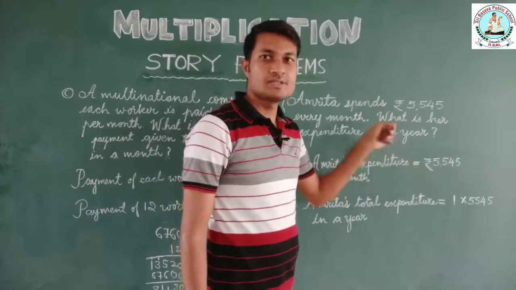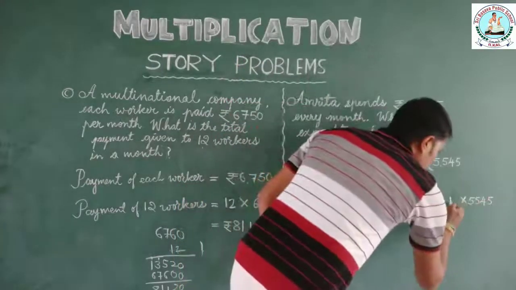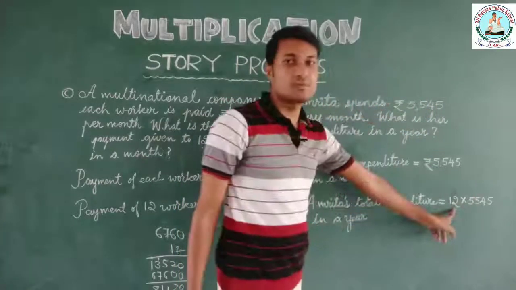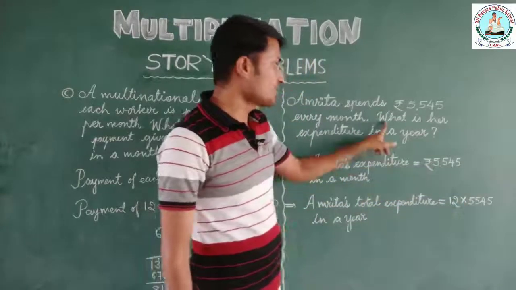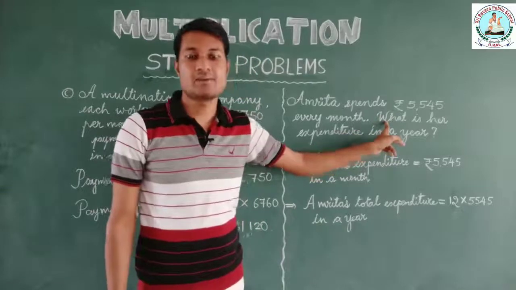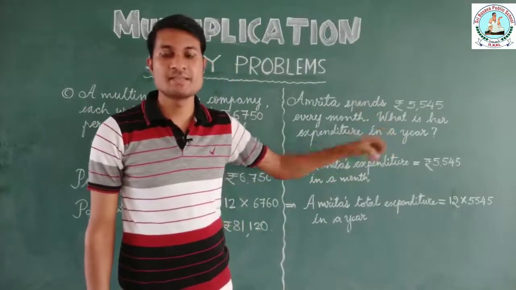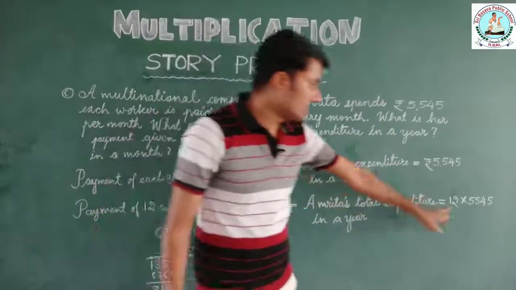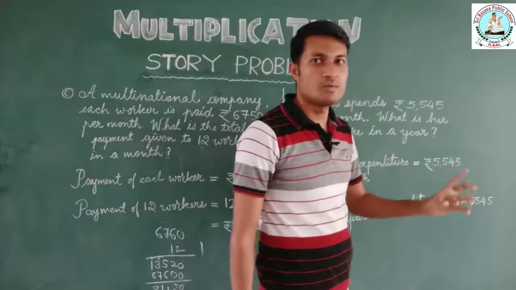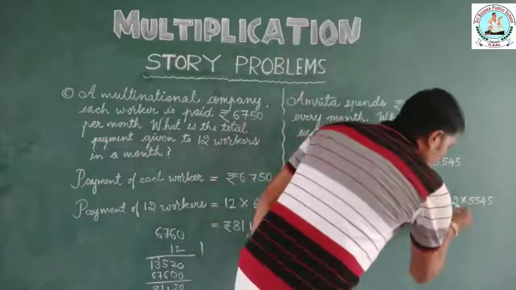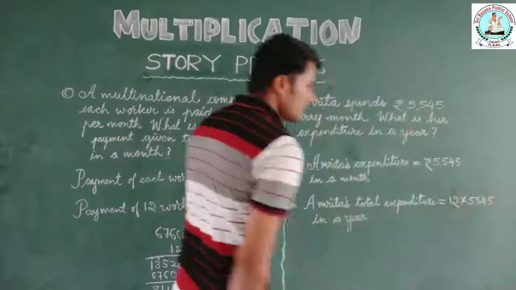Year means 12 months. So we have to multiply with 12. Don't multiply with 1. Why? Because 1 year means 12 months. And expenditure is usually calculated in a month, or money spent in a month. So that is why instead of 1 year, you can take 12 months here. Right? 12 months, 1 year. Both are the same. Now let's multiply these two numbers separately.